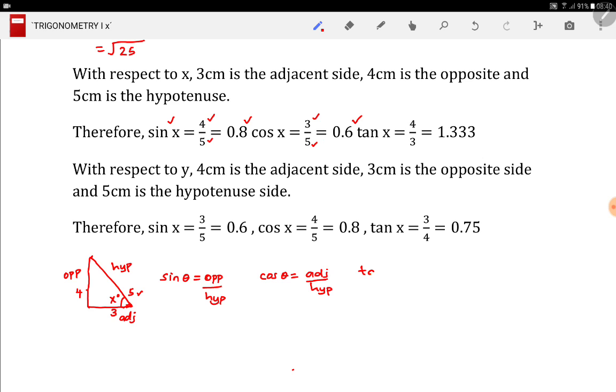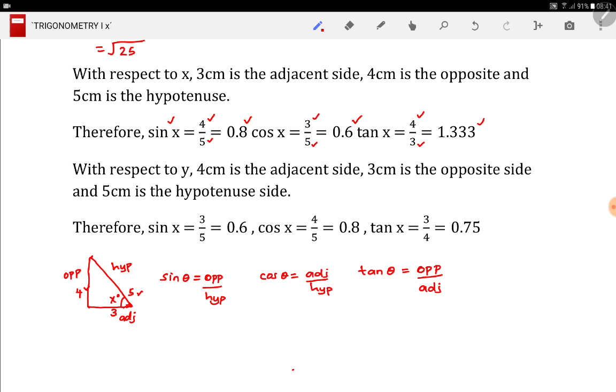Then, tan of an angle theta is given by the opposite side over the adjacent. Now, the side opposite to x is 4 over the adjacent, which is 3. Dividing the 2, we get 1.333. Those are the values of the trigonometric ratios with respect to x.